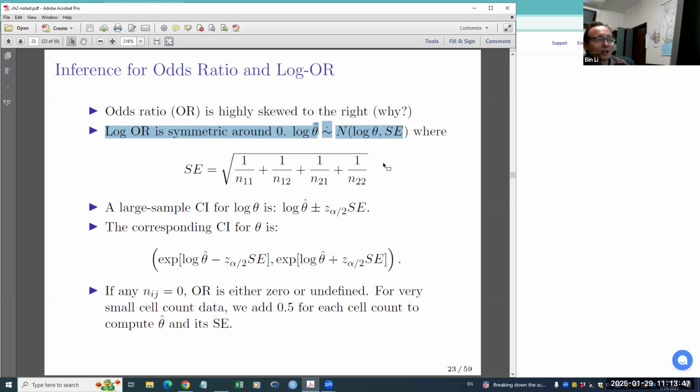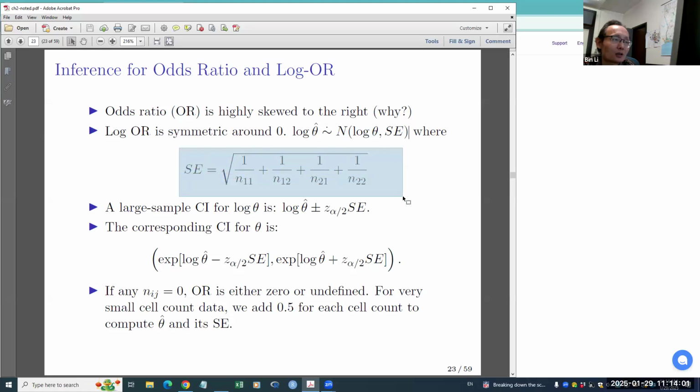So we can show that the log odds ratio is approximately normally distributed with the mean being the log odds ratio, and the standard error has such a simple formula. It's just because the odds ratio is always about 2 binary variables, right?